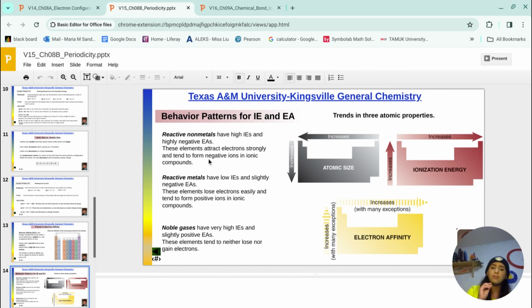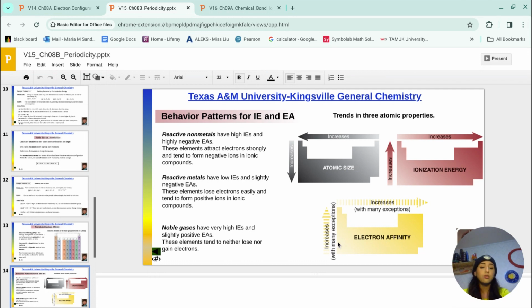because noble gases usually do pretty well on their own because they're usually full. So trends in 3 atomic properties. Ionization energy, as you can see, increases as you go up the periodic table and also increases across the periodic table.